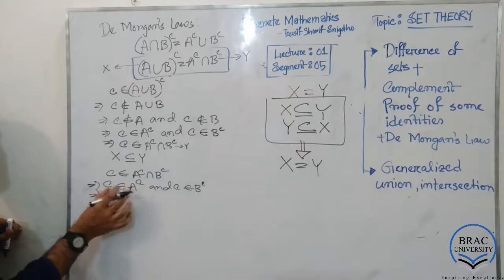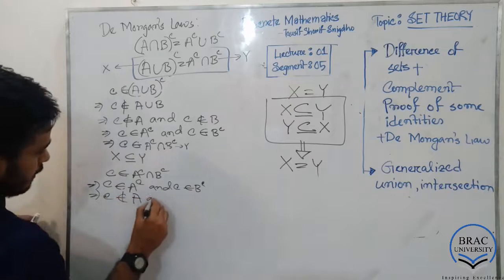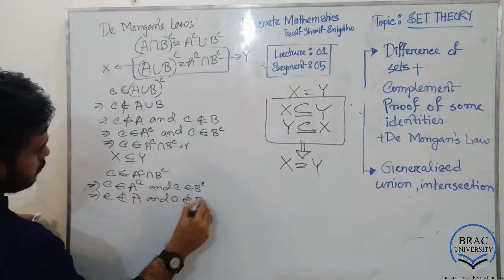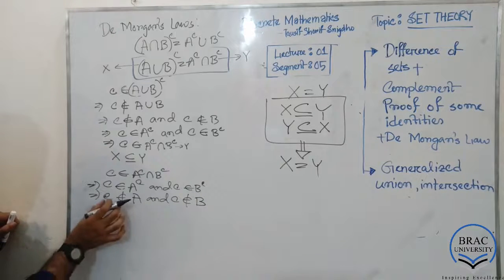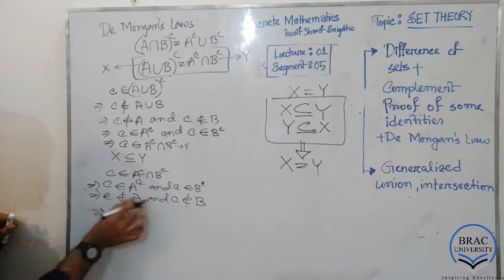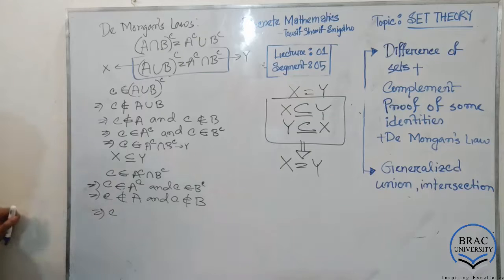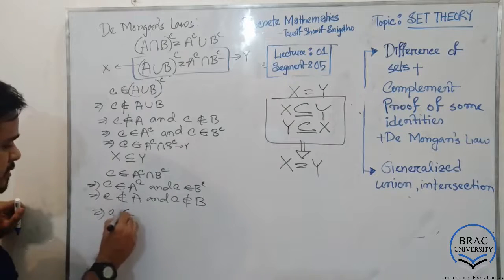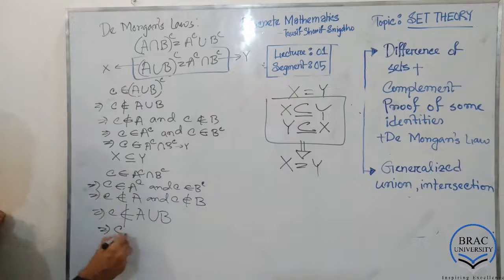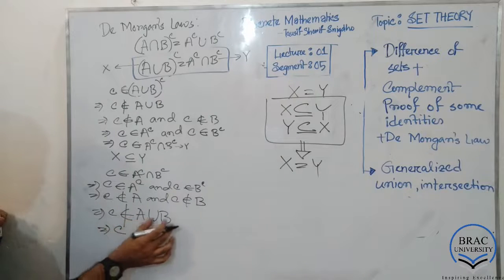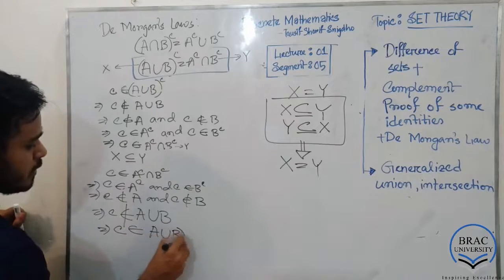Then since c belongs to A prime, c doesn't belong to A, and c doesn't belong to B. Since c doesn't belong to A and c doesn't belong to B, c doesn't belong to A union B. So since c doesn't belong to A union B, c must belong to (A union B) prime.